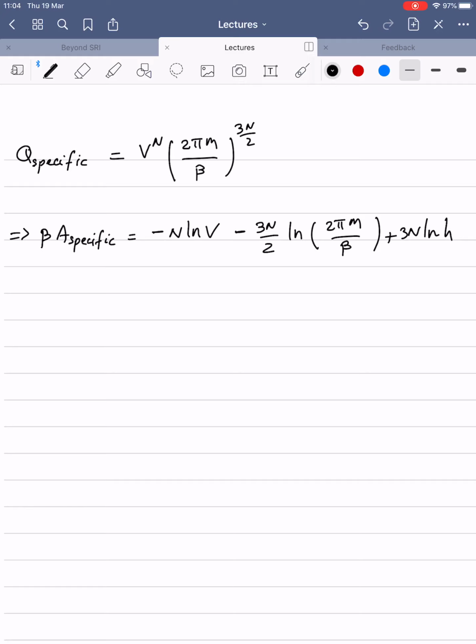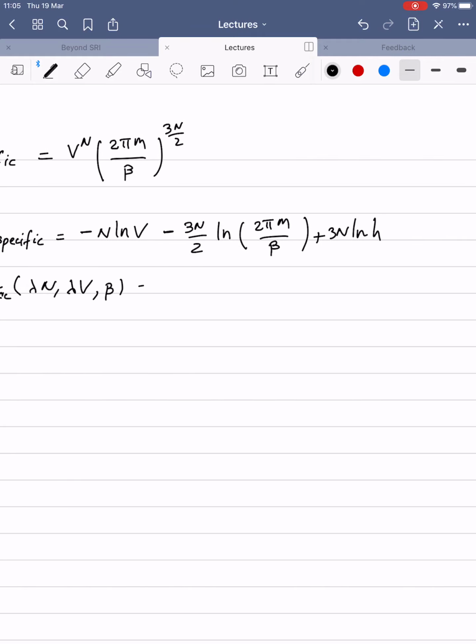Okay. So what we can do then is look at beta of A specific, where I've got lambda n and lambda v. And beta is, I remind you, 1 over kBT. So this is an intensive variable.